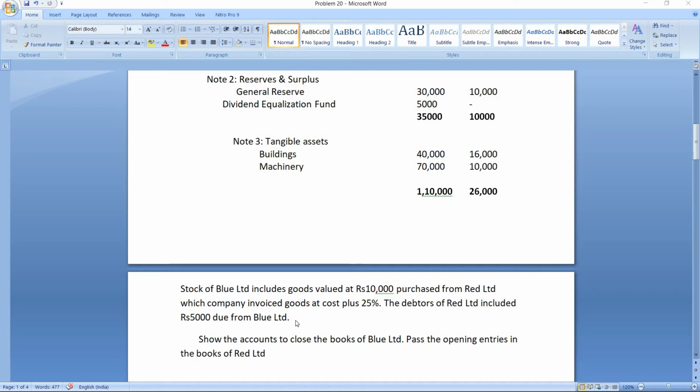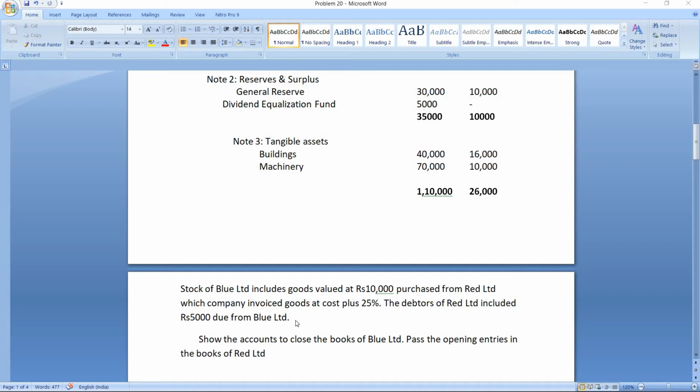It says that stock of Blue Limited has goods that it purchased from Red Limited and the value is 10,000. The company has invoiced the goods at cost plus 25%, and the debtors of Red Limited include 5,000 which is due from Blue Limited. So this I will explain while we solve the problem.